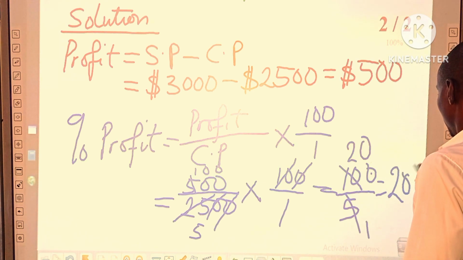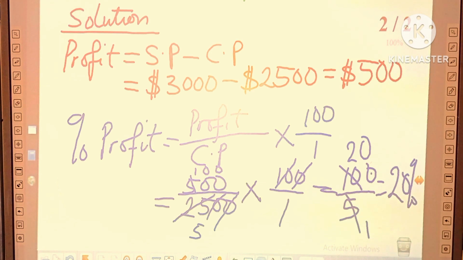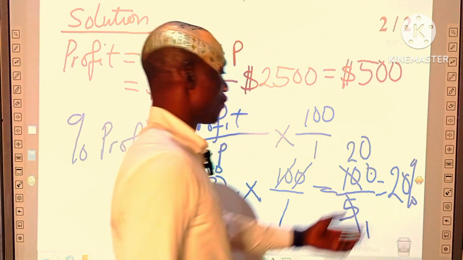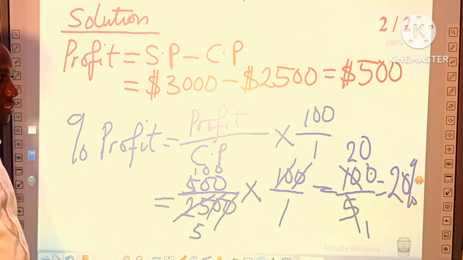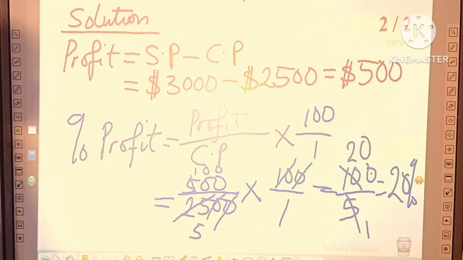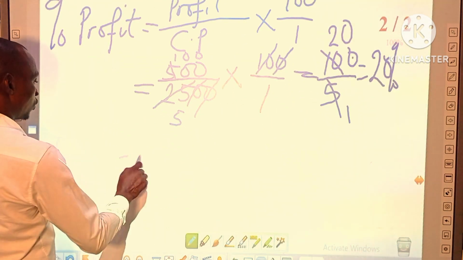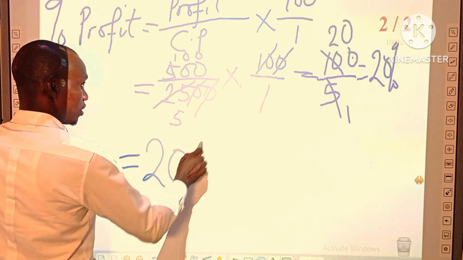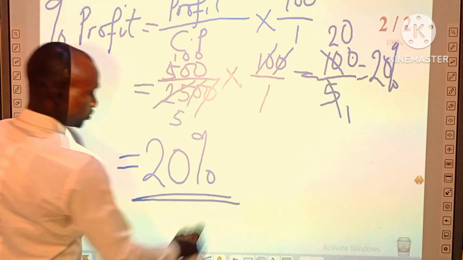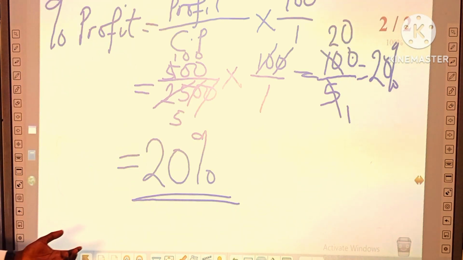So the profit percent is simply 20%. That's an easy question. So the percentage profit from this transaction is equal to 20%.